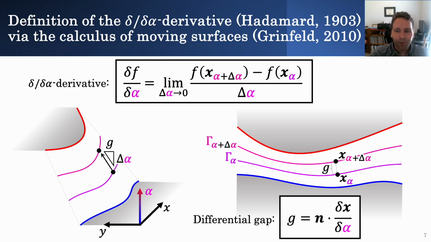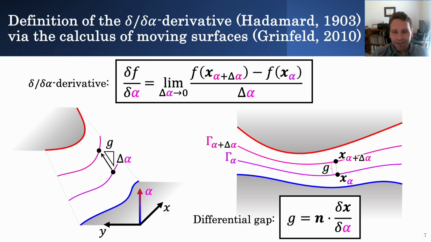Suppose I have 2 points defined on adjacent curves, gamma alpha and gamma alpha plus delta alpha, separated by just a tiny little difference in alpha. Now I could pick off 2 different points that are effectively closest point projections of one another on those 2 adjacent curves, and I could measure their relative distance or separation, which would be effectively measuring that value g, kind of like the inclination of the hypersurface in this hypersurface domain.